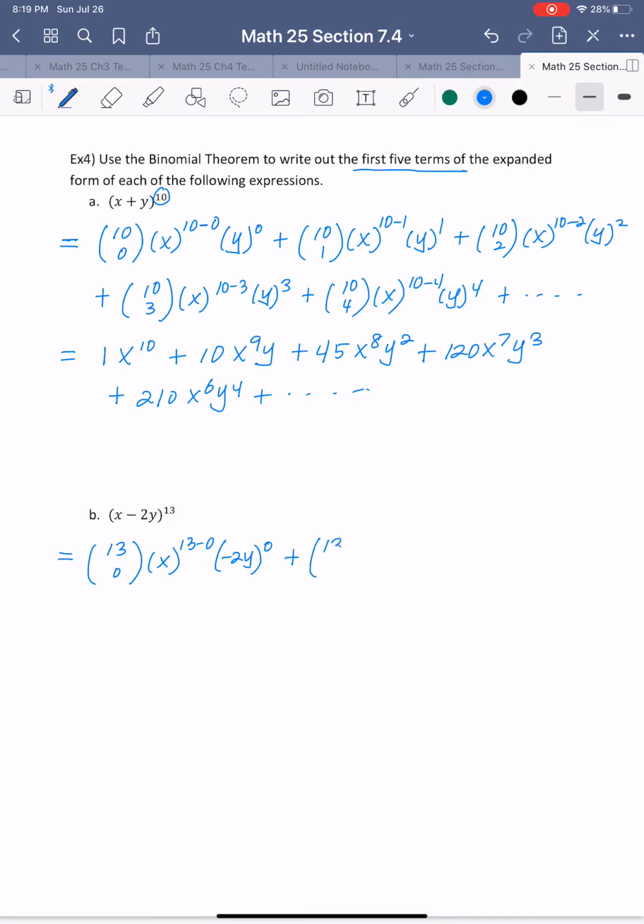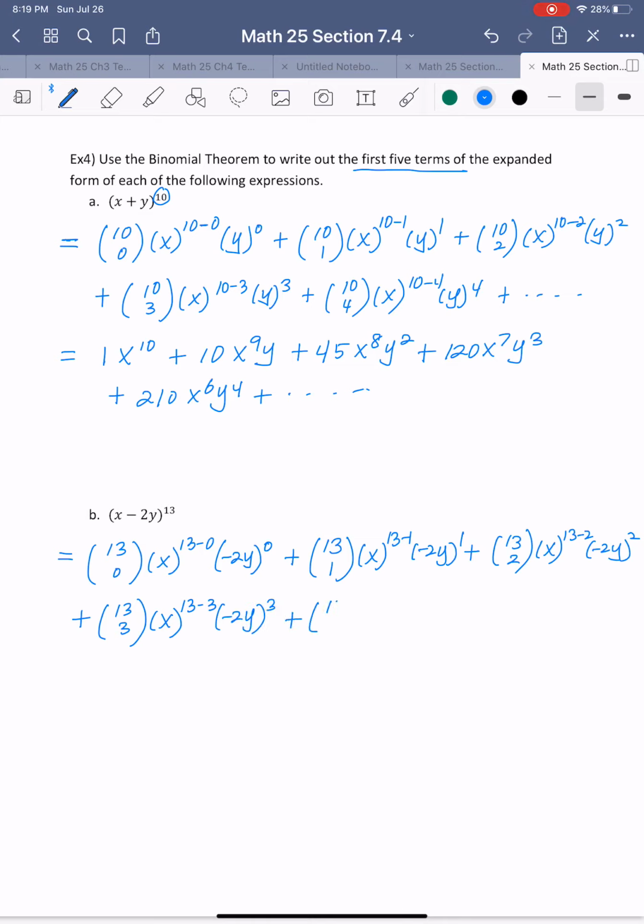Plus 13 choose 1: x is to the 13 minus 1, and then negative 2y to the first power. 13 choose 2: x to the 13 minus 2, negative 2y to the second power. 13 choose 3: x to the 13 minus 3 and negative 2y to the third power. 13 choose 4: x to the 13 minus 4 and negative 2y to the fourth power. And so on, because we're only looking at the first 5 terms.